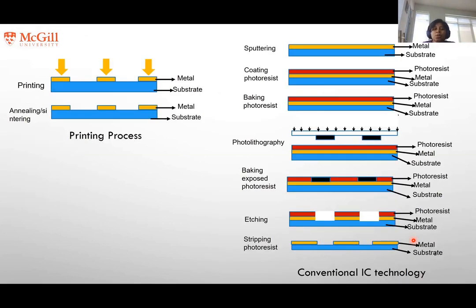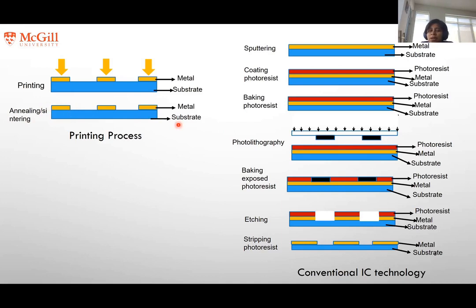If we want to look at how simple a printing process is compared to conventional IC technology, you can see this example where we just need to print some interdigitated metal conductor on a substrate. This is a cross section of that, where we have traces of metal on the substrate.